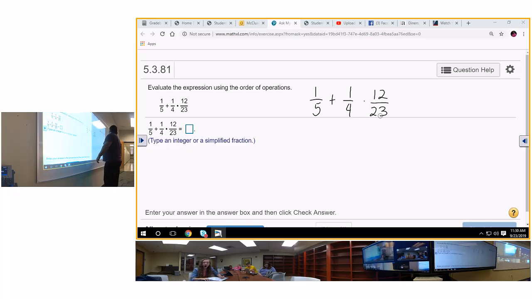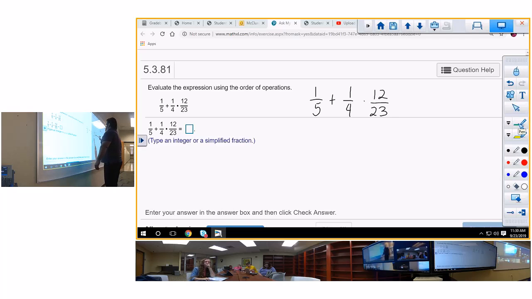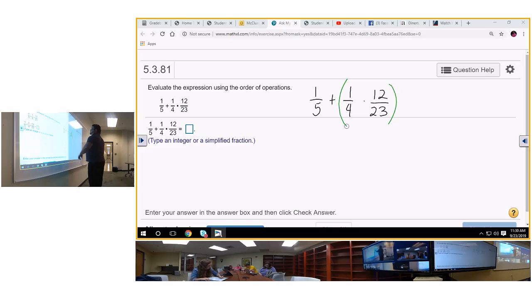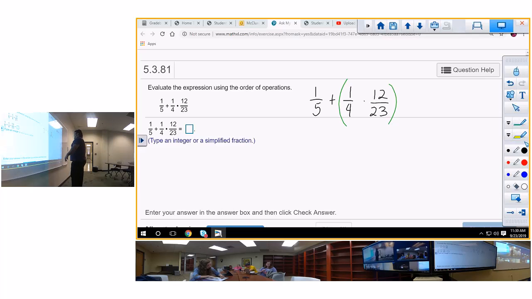And I'm going to put parentheses around these two because I have cousins. Cousins are plus in multiplication. Because what's the brother to plus? What's the sibling? Minus. It's not plus and minus. It's plus and multiplication, so that's cousins.